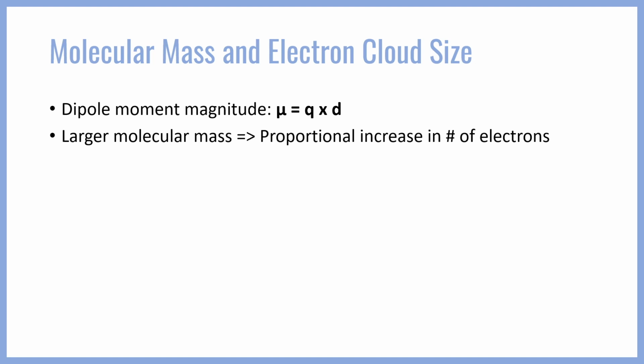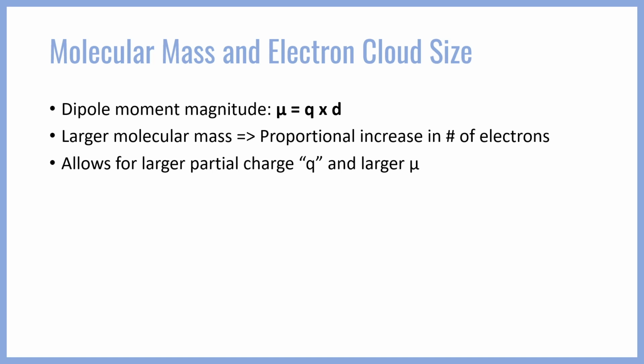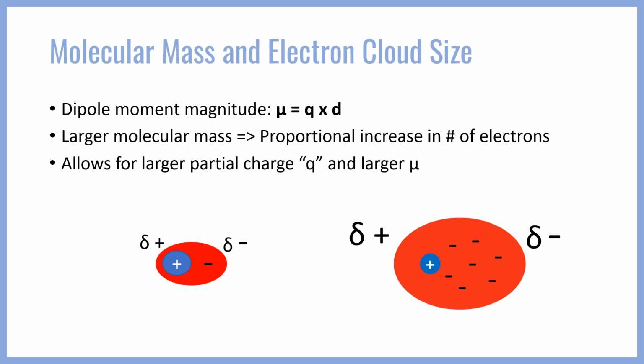Simply having more electrons in the cloud allows for a larger dipole moment because a larger partial charge Q can accumulate on either side of the molecule. For example, if we look at a smaller molecule shown here on the bottom left, its separation of charge is rather small. Whereas if we look at this one here on the right, when it skews its electron cloud, we see a much larger buildup of partial charges, and therefore a stronger dipole moment.